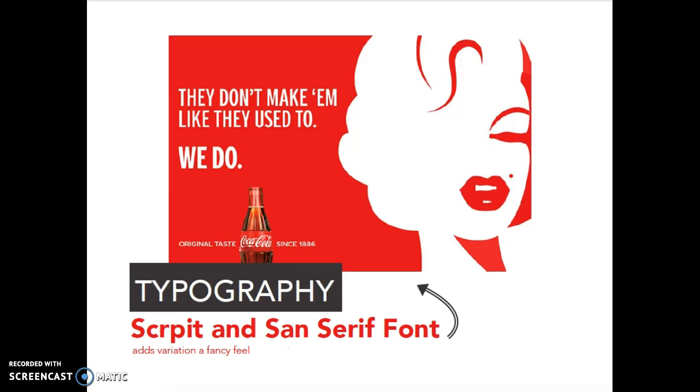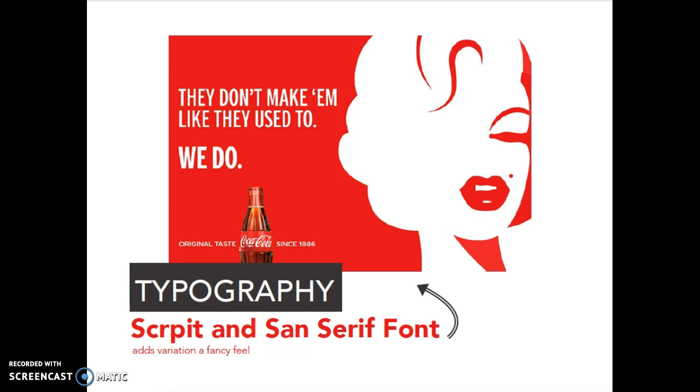The next aspect I want to talk about was typography. Typography is really distinct within Coca-Cola. They have their specific font that everyone knows and loves. I wanted to point that out, and they didn't use another script font for the other words on their page because they wanted to have their logo recognized as the main theme, even though it was small.